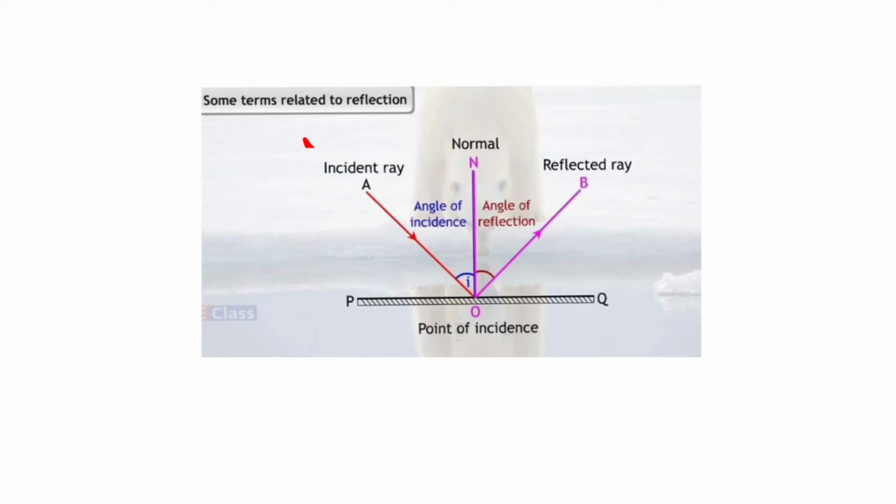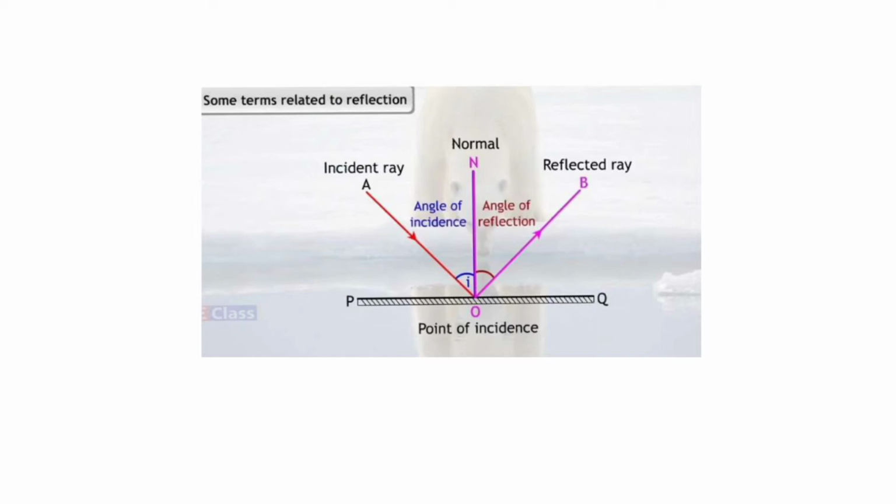So you know it now. The terms like incident ray, reflected ray, angle of incidence, angle of reflection, and point of incidence. Whenever you draw any ray diagram related to reflection of light, all these terms should be there.